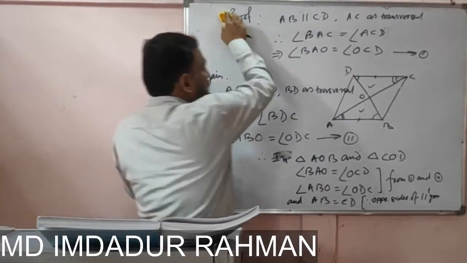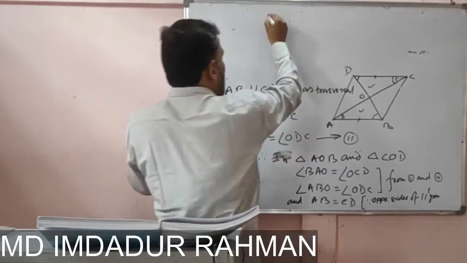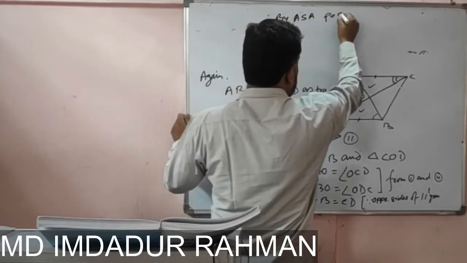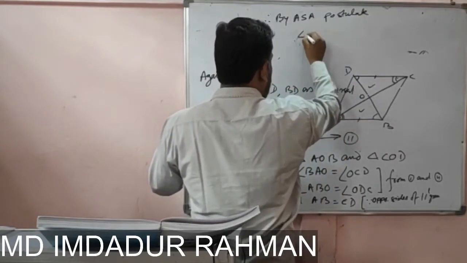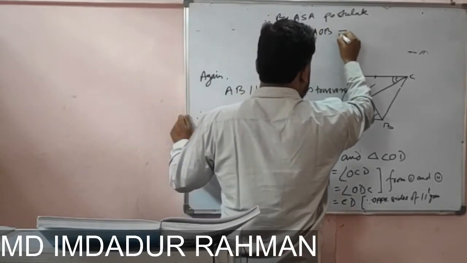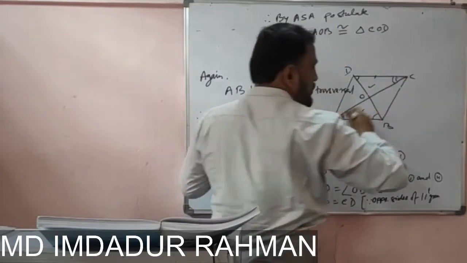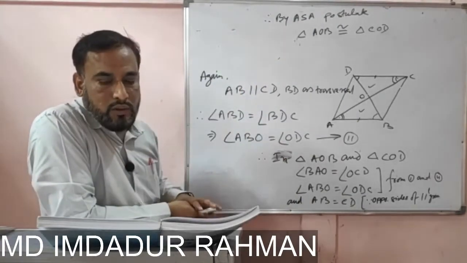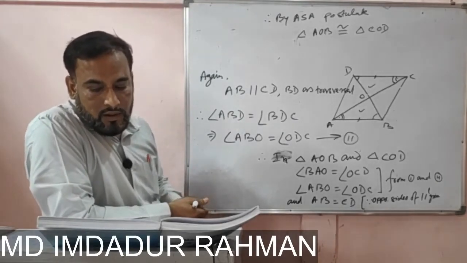Therefore, by the ASA postulate, triangle AOB is congruent to triangle COD. So we have shown that these two triangles are congruent.